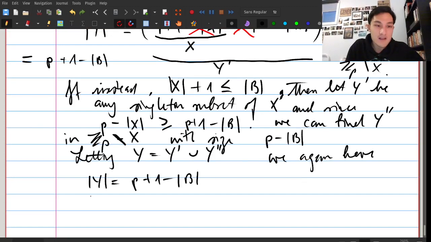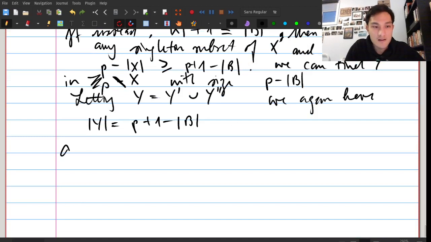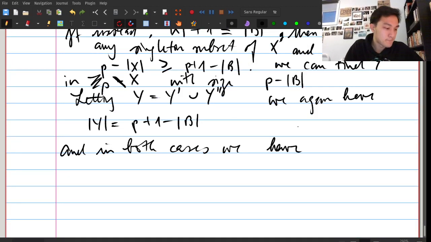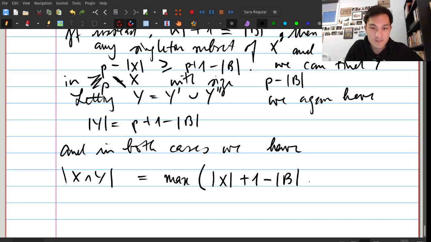And in both cases, we kind of combine both cases. In both cases, we have x intersection y. Okay, so in the first case, it's max. In the first case, it's size of x plus 1 minus size of b.